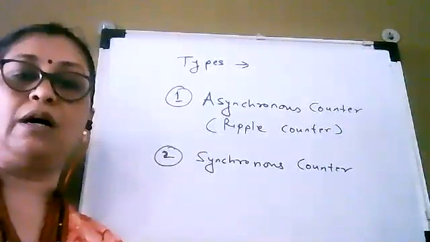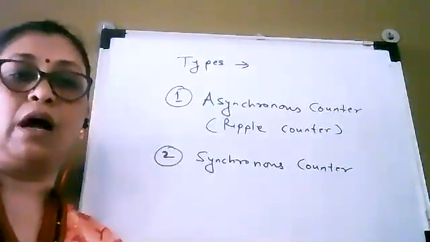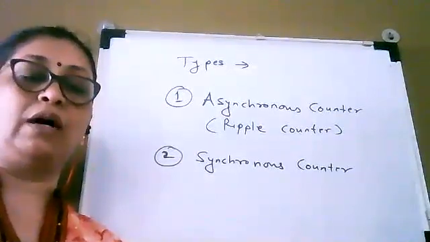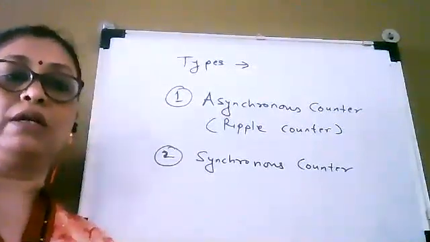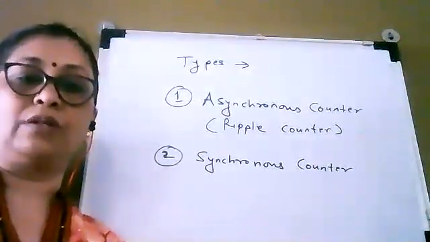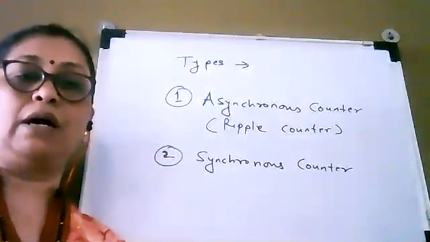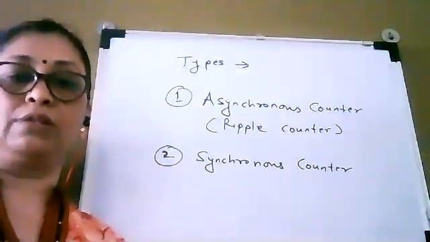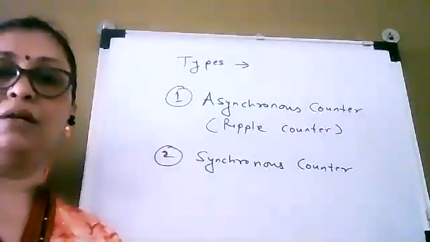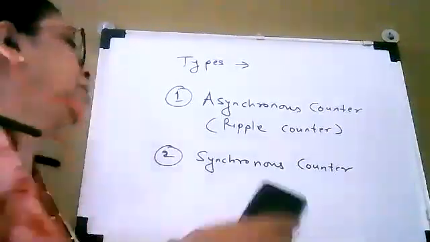Okay, so asynchronous counters are ripple counters, and their speed is slow. Synchronous counters are counters in which the clock signal is applied simultaneously to all flip-flops, and the speed of synchronous counter is greater as compared to asynchronous counters. Okay, so today we will be starting with asynchronous counter.